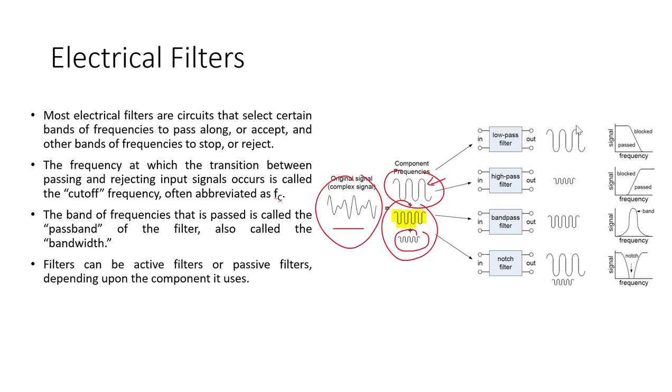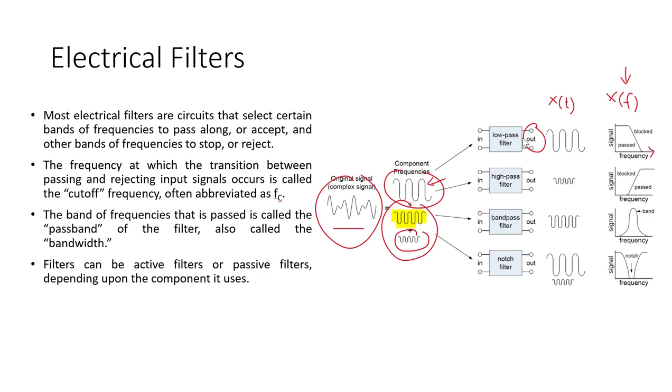So this is the signal in terms of, let's say, x of t, whereas this is the response of the signal in terms of frequency. So this is x of f. We check the amount of signal, the magnitude of the signal, either voltage or current, at this output with respect to frequency.